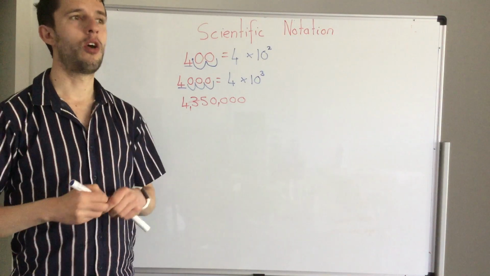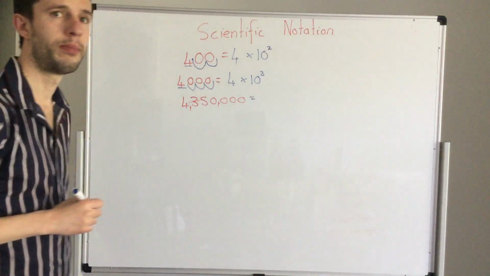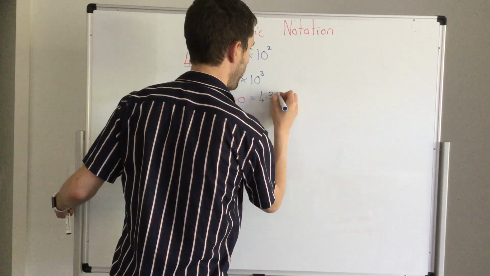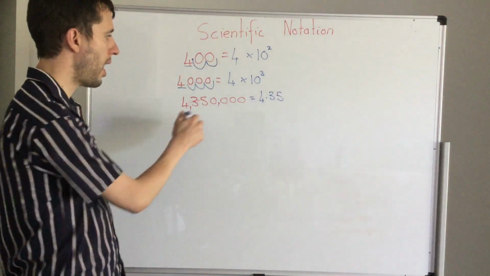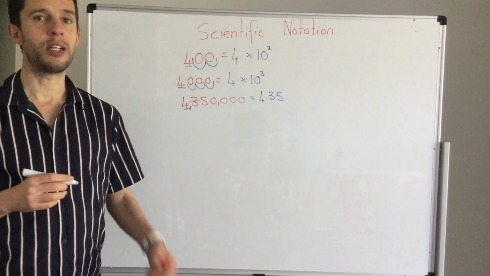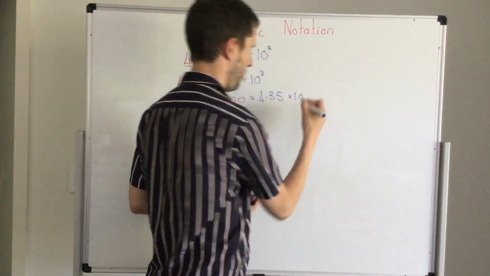To make that a lot simpler, I can write it as 4.35 because remember, I want to have a decimal place after one digit. I then times it by 10.